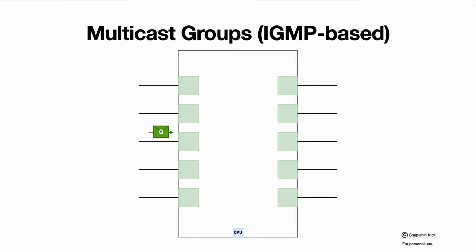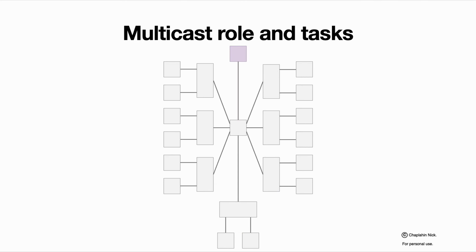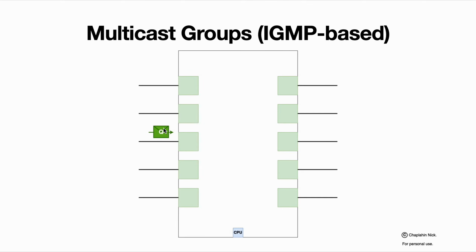So the source generates a query. This is not a request, this is a query. This is an informational frame that claims that the source will generate multicast traffic identified by some specific group ID.